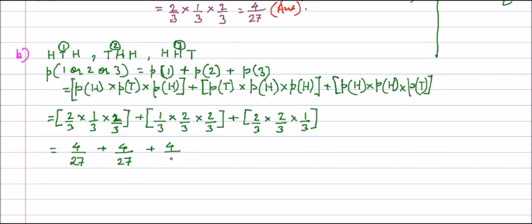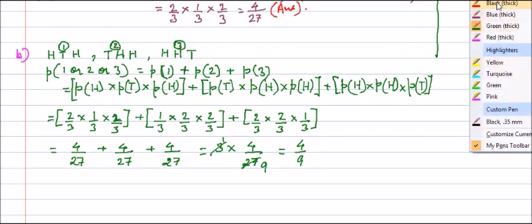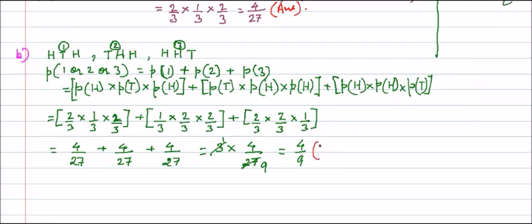So it is practically 3 times 4/27. So let us write 3 times 4/27. So it is 4/9. So the answer for the second part is 4/9.